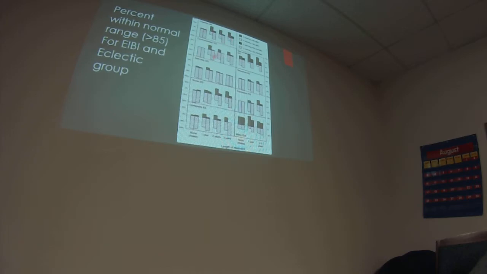So these are just the same type of graphs for communication, self-help, social, composite, and so on. It's basically the same data we have just looked at, but displayed in another way.